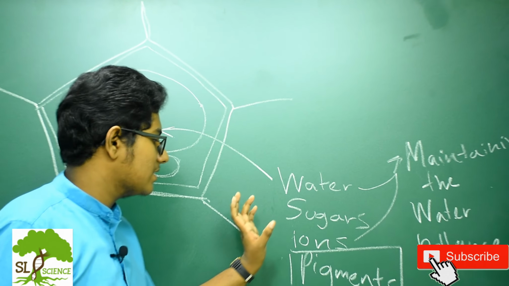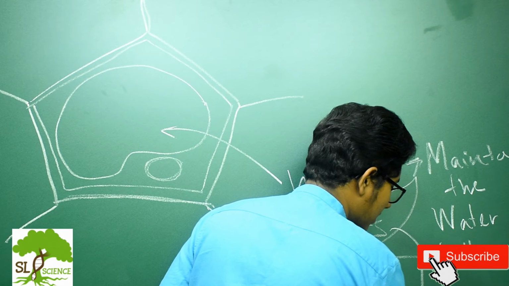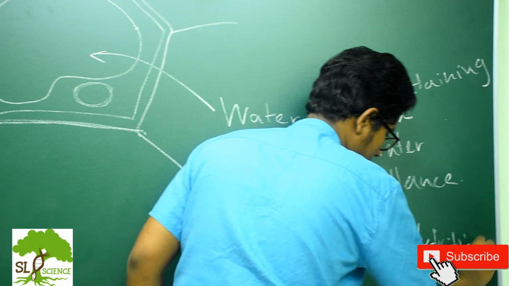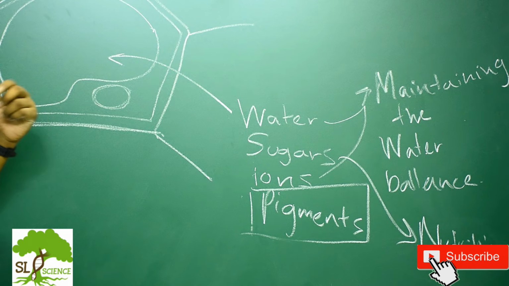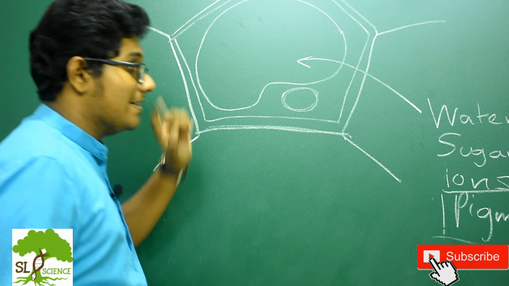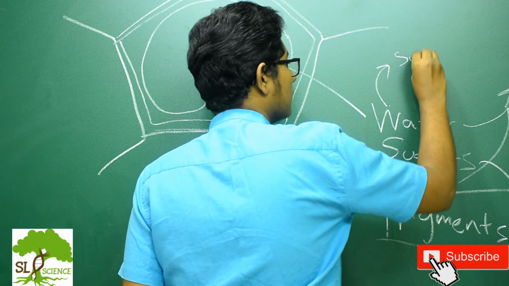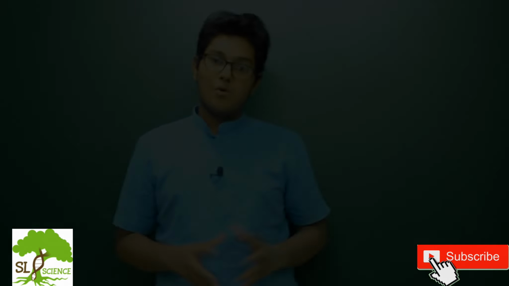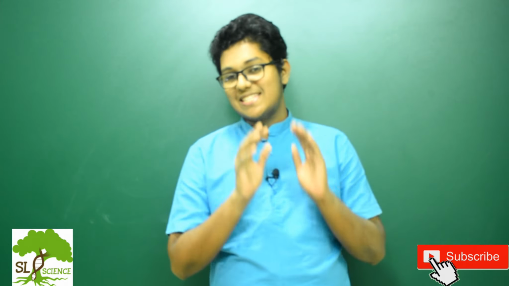Pigments give the color, water and ions maintain the water balance, and sugars give nutrition. And from water there is another function to the cell. It gives power, not power, it gives support.